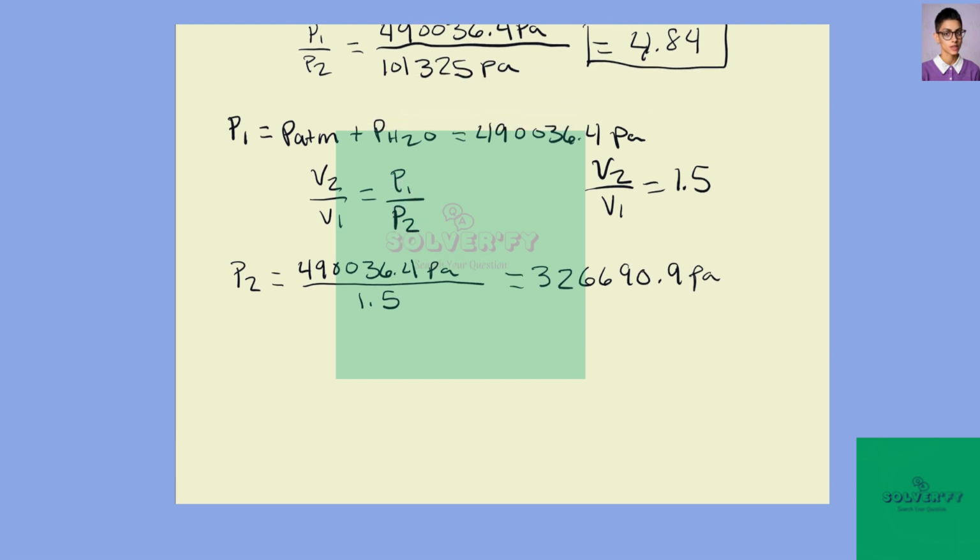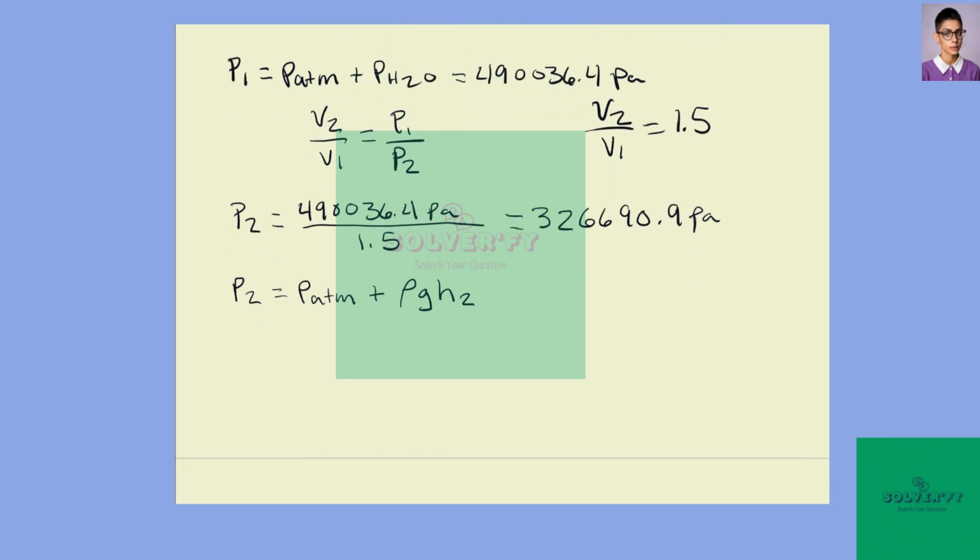Alright, and then we also know that P2 is equal to the atmosphere pressure plus the density of water, gravity, and the height, and height 2, since we're ascending from a certain depth. We want to see how far she can ascend safely.